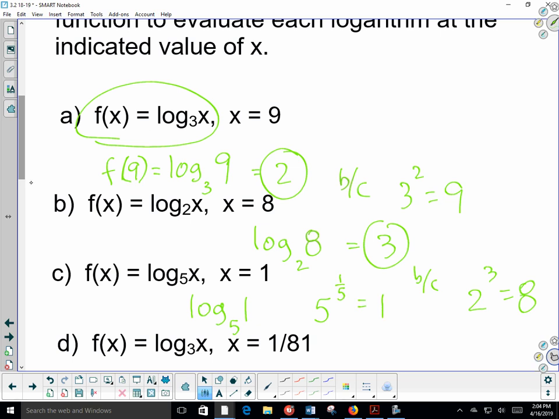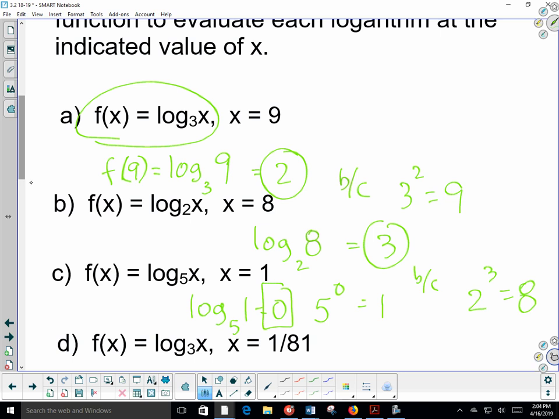Because you're saying 5 raised to what power gives me 1? I think 5 times 1/5 will give us 1, but we're saying 5 raised to what power is going to give us 1? Patrick, what do you think? 0? Nathan, what do you think of that idea? Yeah. Anything to the 0 power is equal to 1. So that's why our answer here should be 0. Are we okay with this?